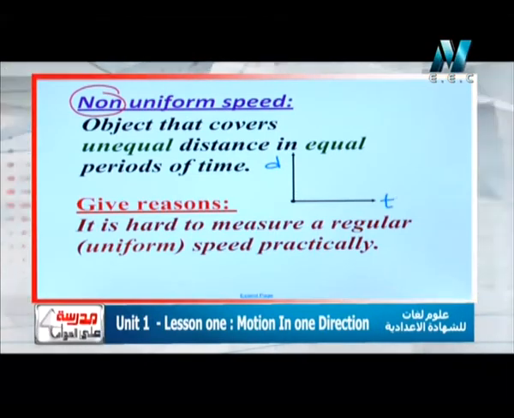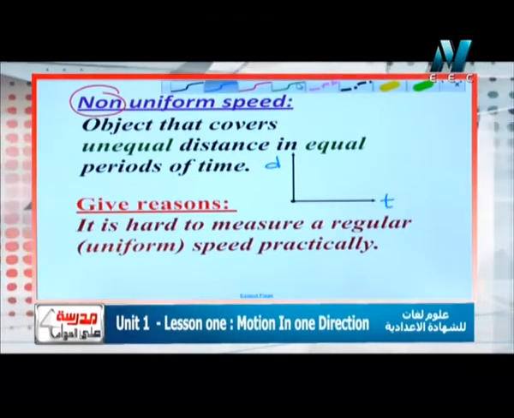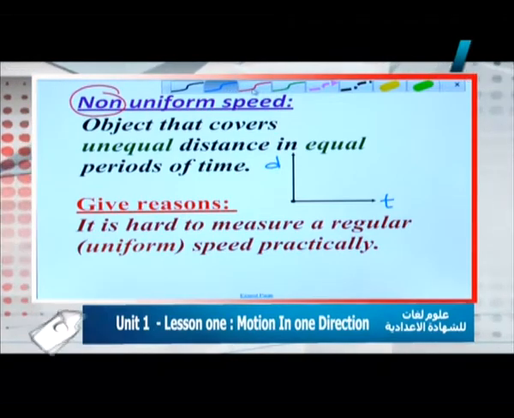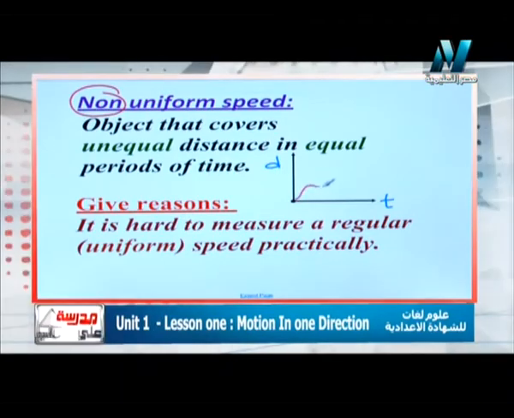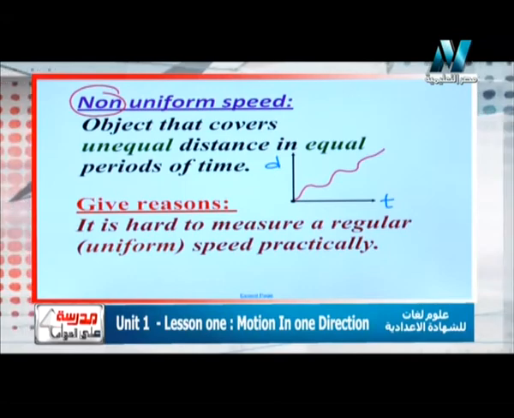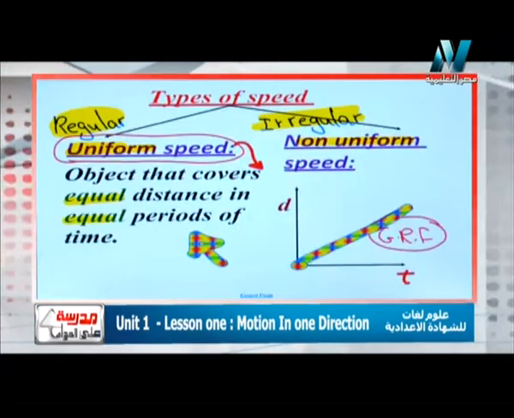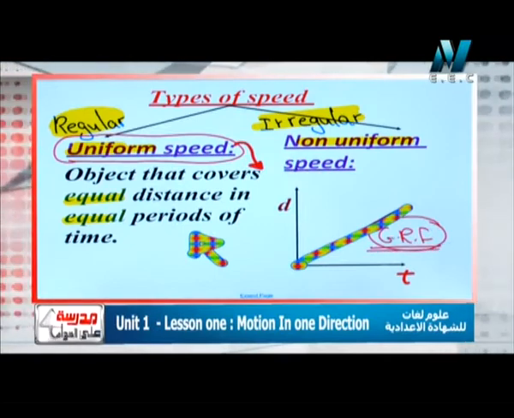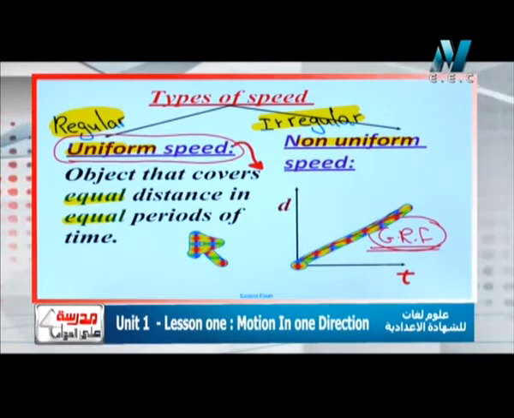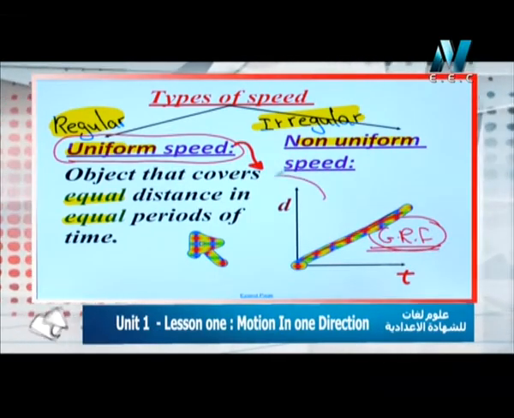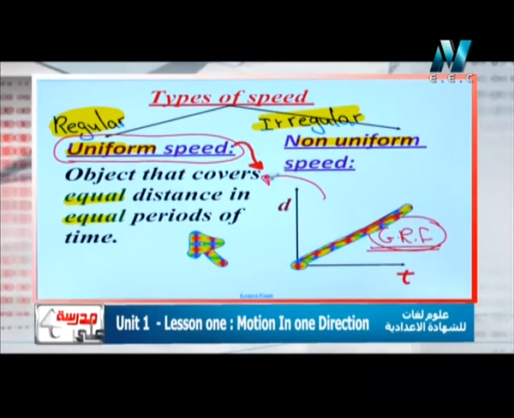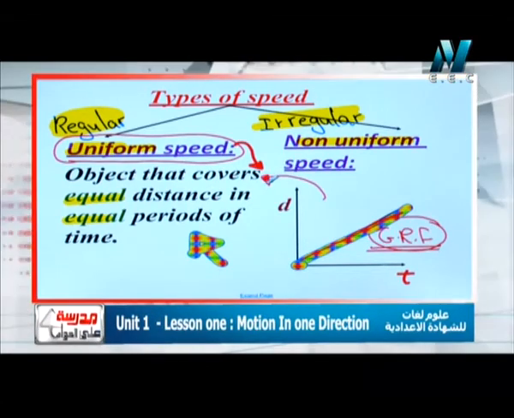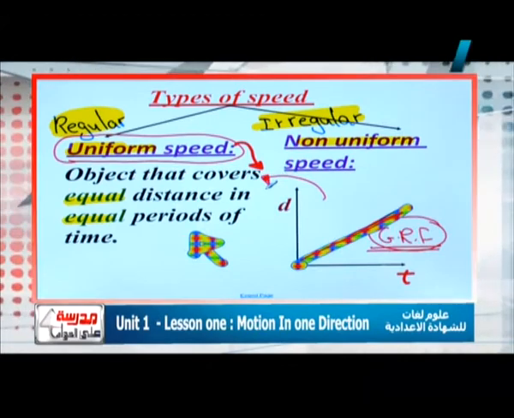But here it is not a straight line, it is a curved line like that. And give reason for, again. Remember there we said give reason for? We can use the definition to answer this give reason for, as we did for the straight line passing through the origin point.